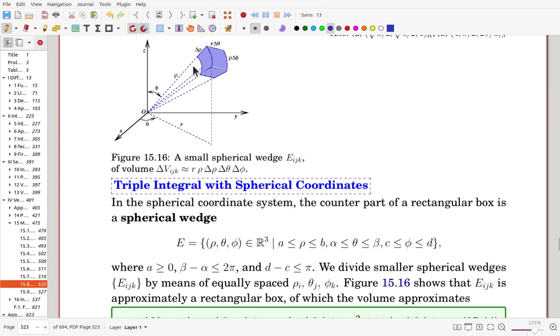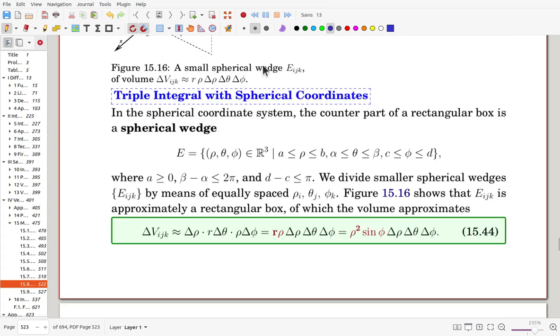And again, with this vertical change, that is rho and delta phi. So that is the length. So we may consider this as a rectangular box, and the volume can be approximated by just these three multiplications.